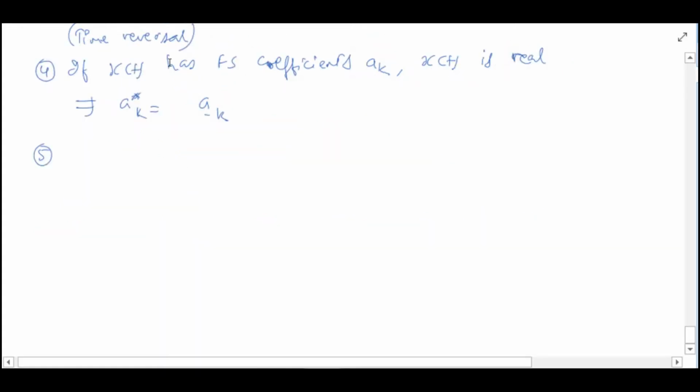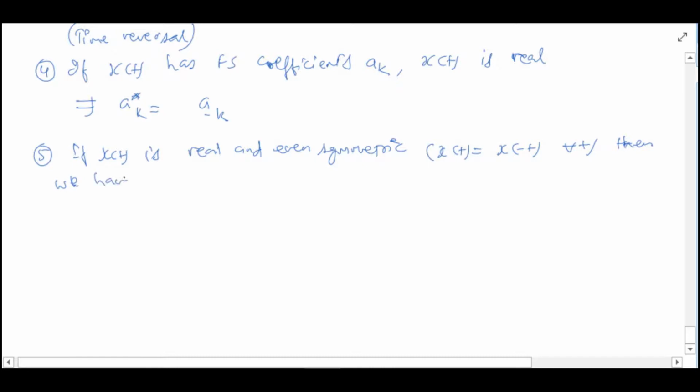Finally, if x(t) is real and even symmetric, what I mean by even symmetric is x(t) is the same as x(minus t) for all t, then we have a_k is equal to a_k star for all k.